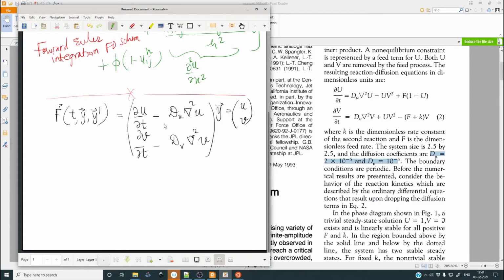So these are the two linear terms, whereas let me define g as the source and the nonlinear term.